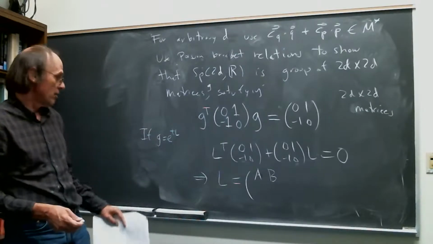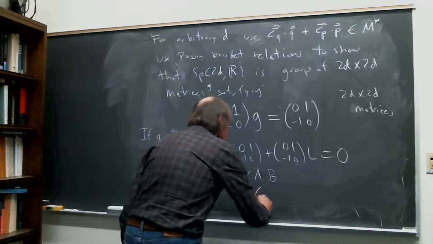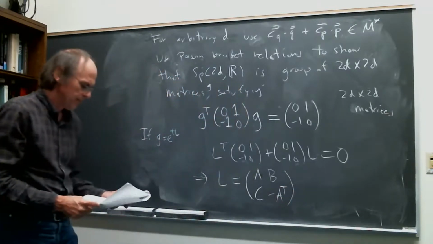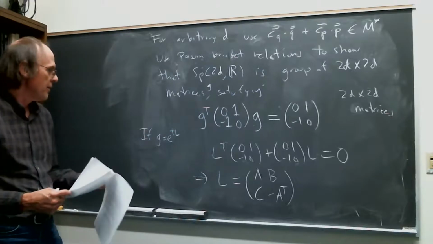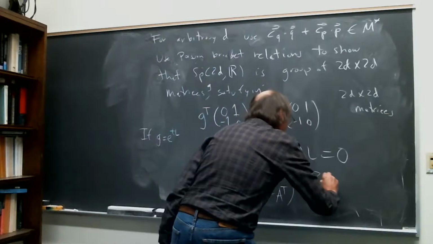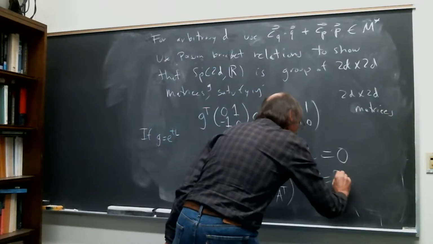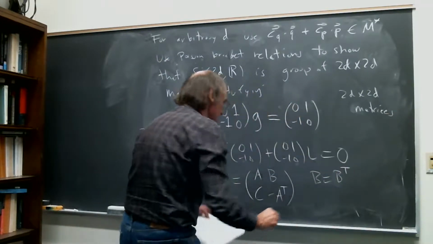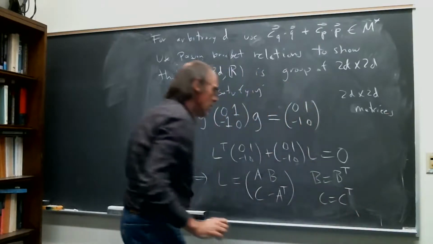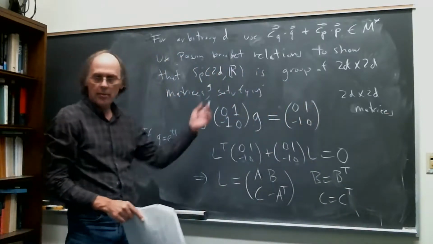Okay, thank you. A, B, C, minus A transpose, and B and C are symmetric. Okay, so I better stop here.